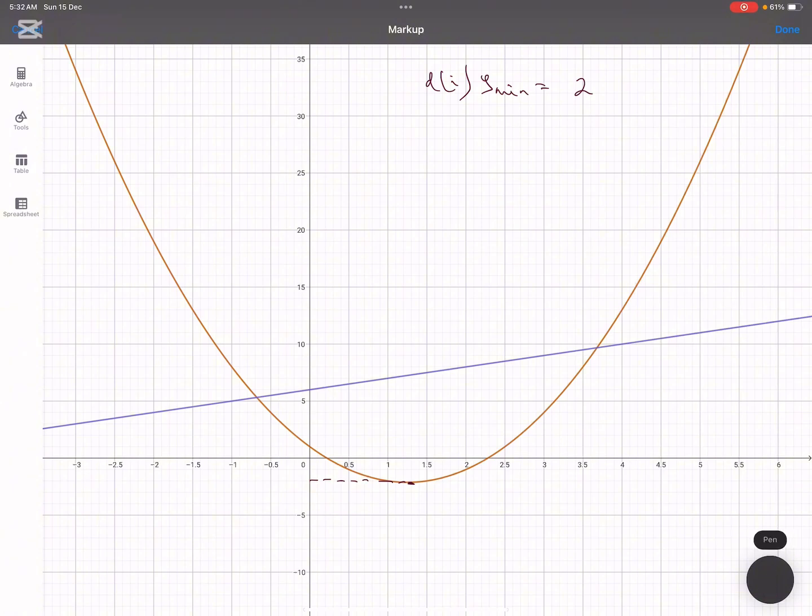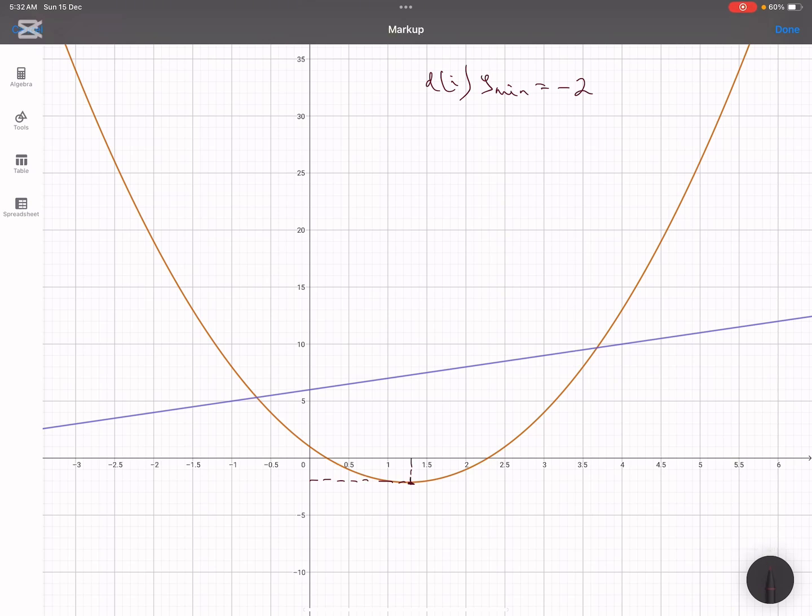And the value of x for which it occurs, that's what we get when we trace this point to the x-axis. If you trace that up to the x-axis, you must use a ruler so that your line will be straight. What do we have?